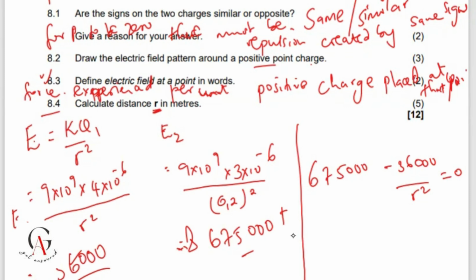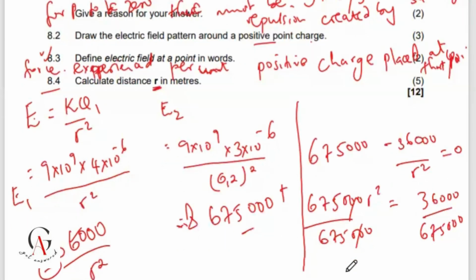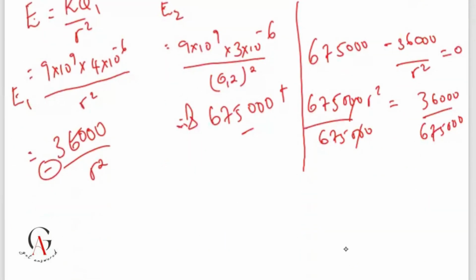Then what we need to do is make r the subject, or r squared the subject. So 675,000 r squared is equal to 36,000. Then I'll divide by 675,000 over 675,000. This cancels that. And then what I'm left with is just getting the square root. We can cancel those 3 zeros.